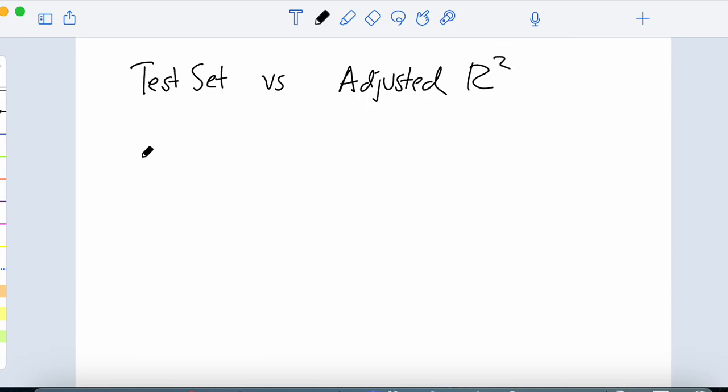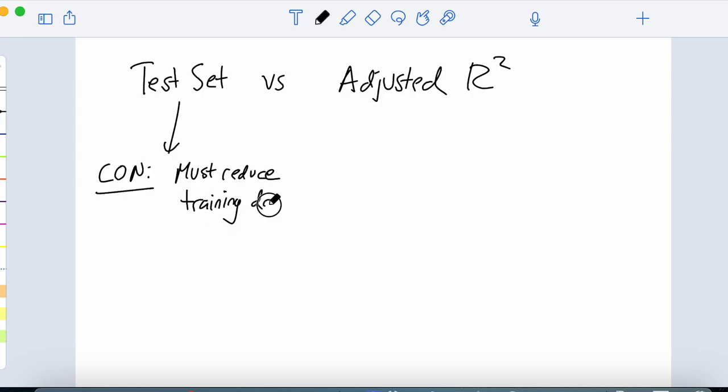But a test set, a con, let's write it this way. Con for test set: must reduce training data size. So when you peel some data off of your training set, you're reducing the size of your training set. Okay, very good.